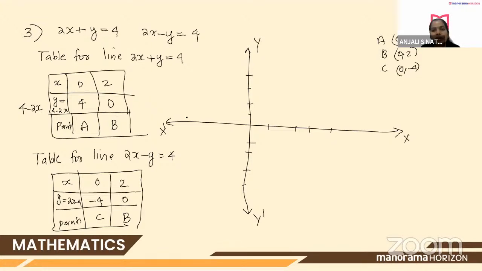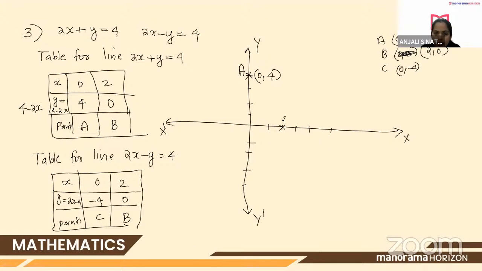So first we have to mark the point A. That is, the x coordinate is 0 and the y coordinate is 4. So here is the point 0, 4, this is point A. Next is 2, 0. The x coordinate is 2 and the y coordinate is 0.